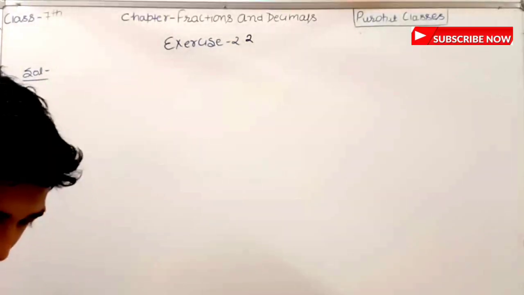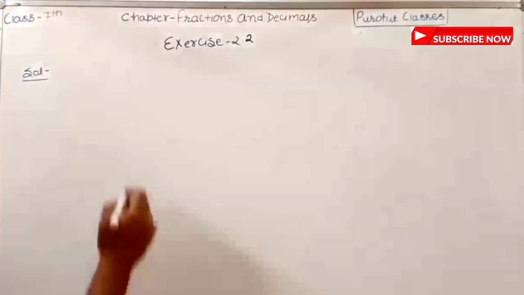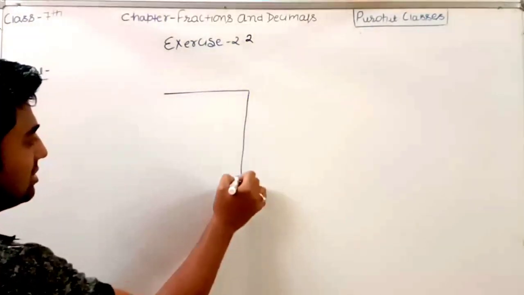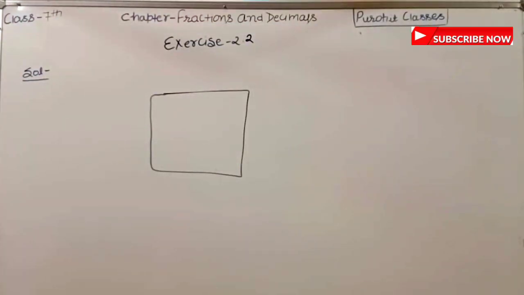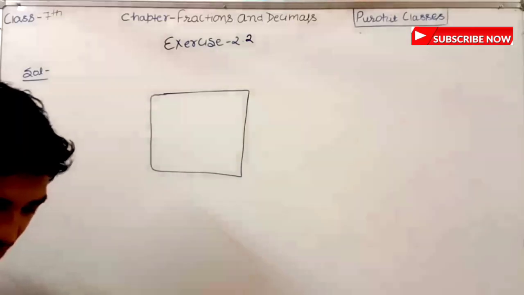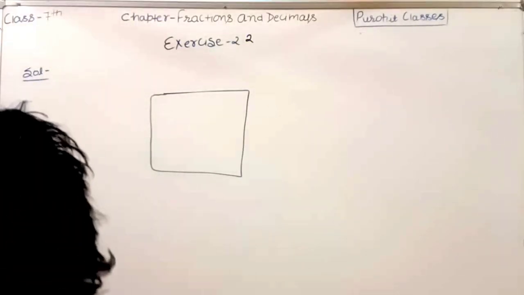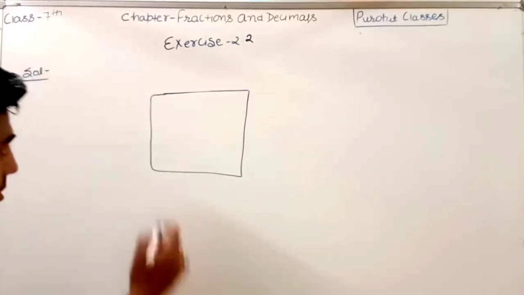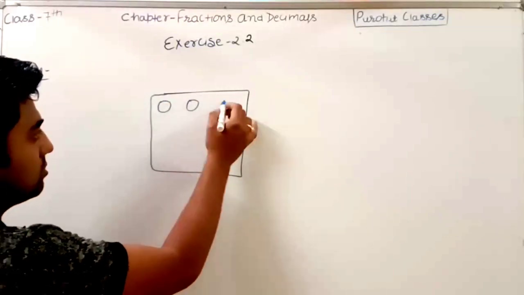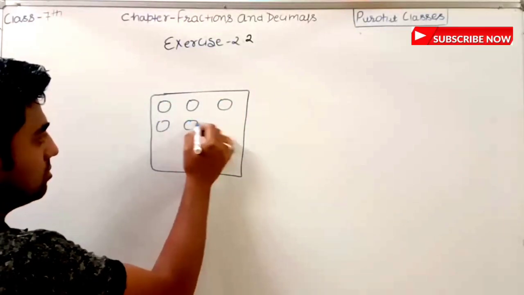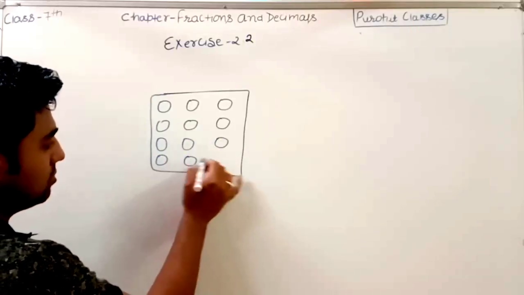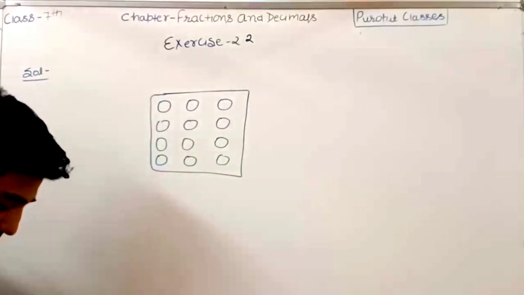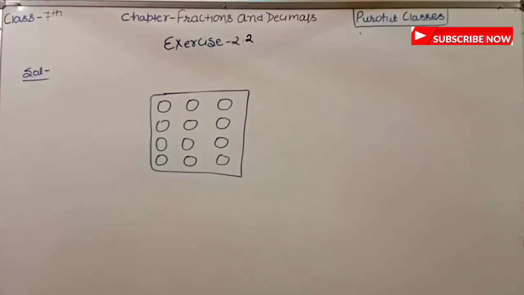Like the first part, we have to shade half of the circles in box A. There are 1 2 3, 1 2 3, 1 2 3 and 1 2 3, so 12 circles are there, and the question is saying half of the circles in the box.